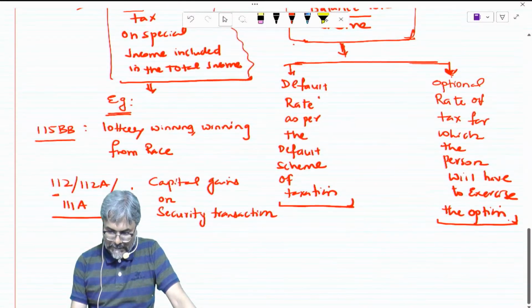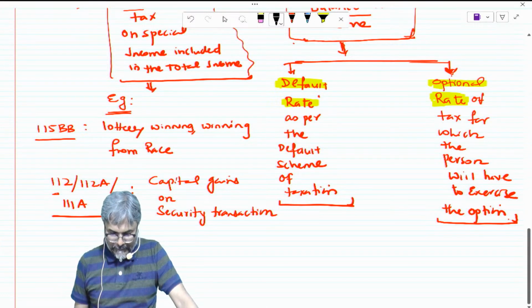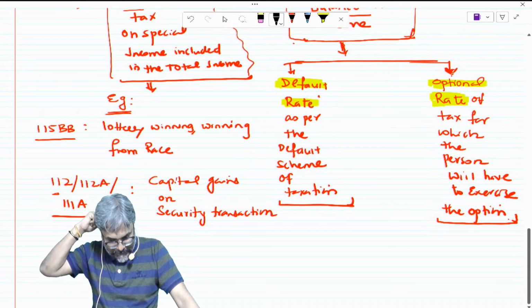So two things, students: the default rate and the optional rate. I hope that all of you are clear with this.